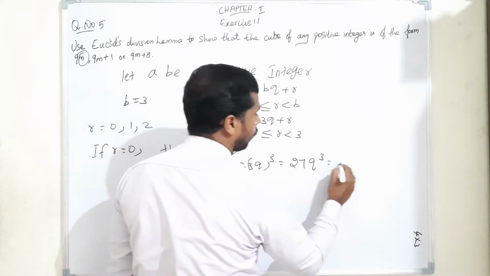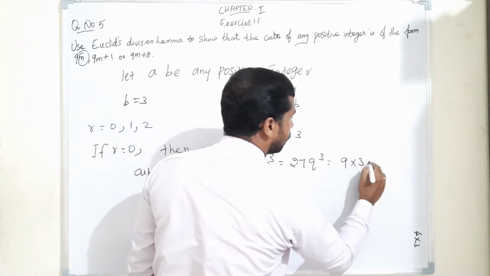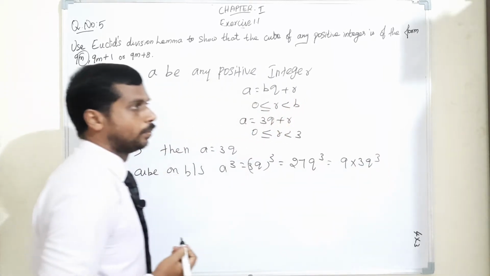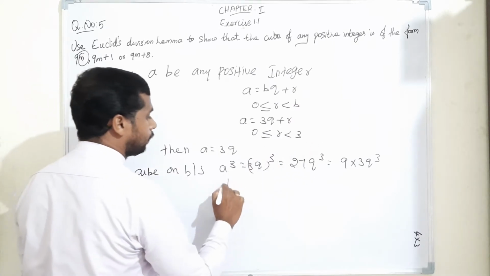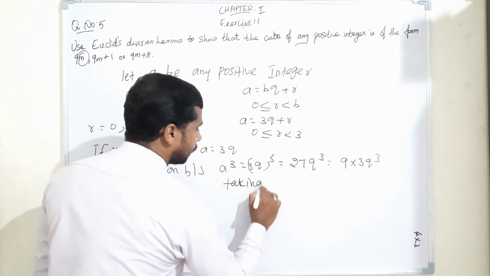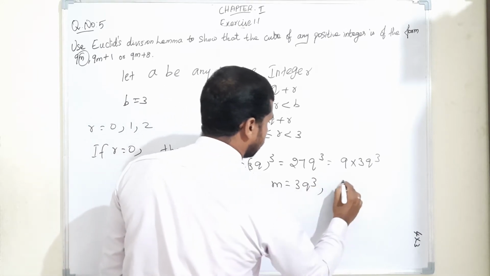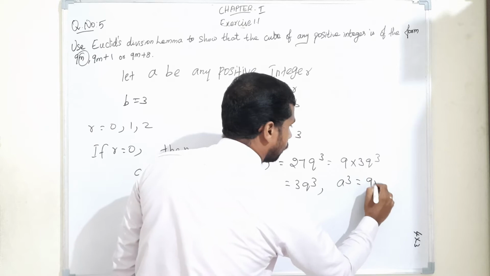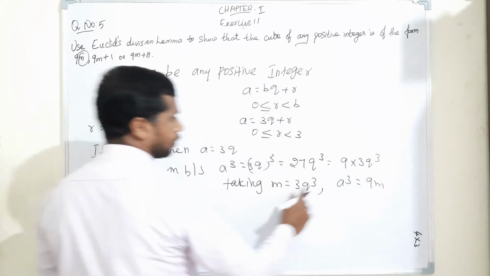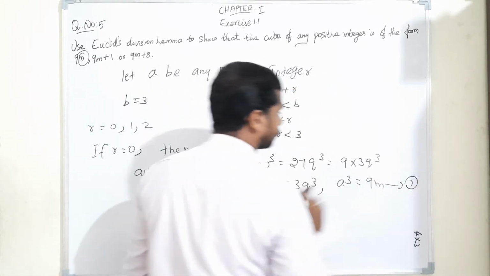So 27q cube is 9 into 3q cube. Taking m equal to 3q cube, we can say the first condition, a cube is equal to 9m. This is case number 1.